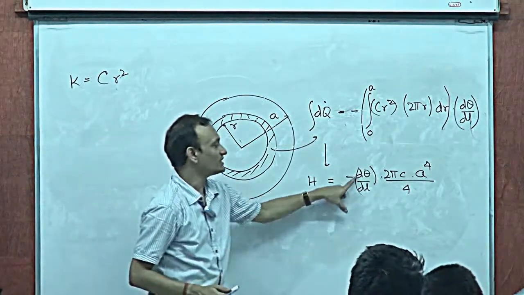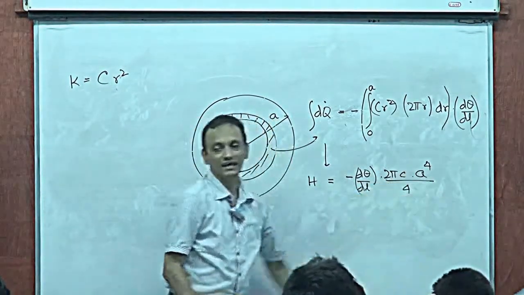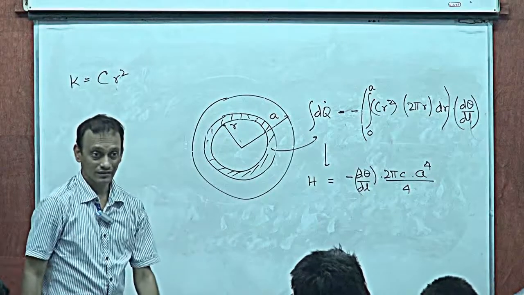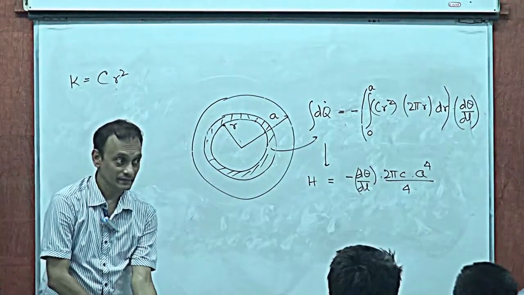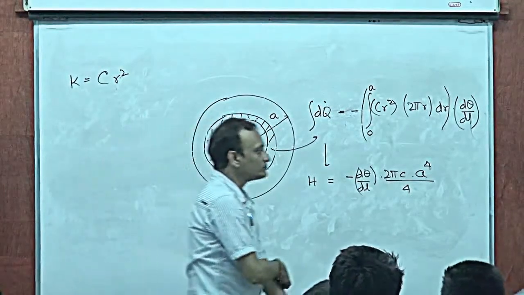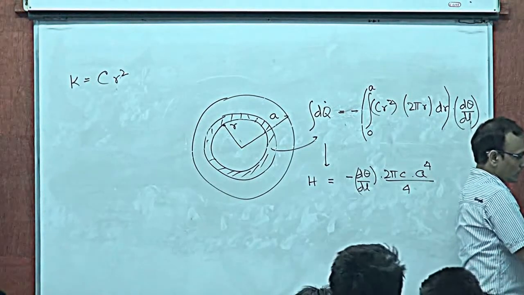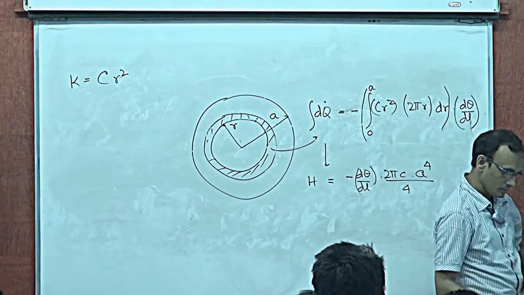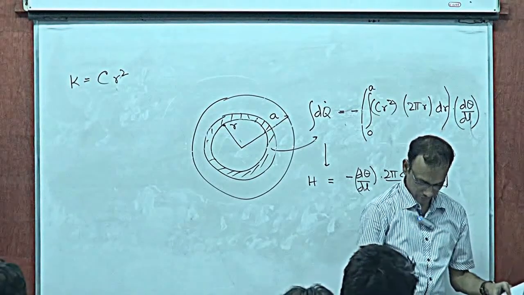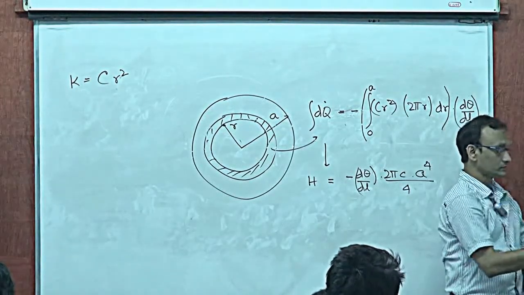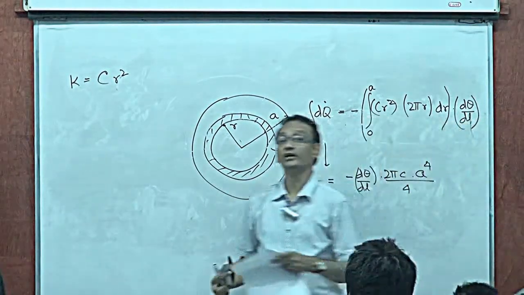So minus d theta dl would be 2H by pi C A power 4. That will give me the temperature gradient. Look at problem 7. Look at problem 7.